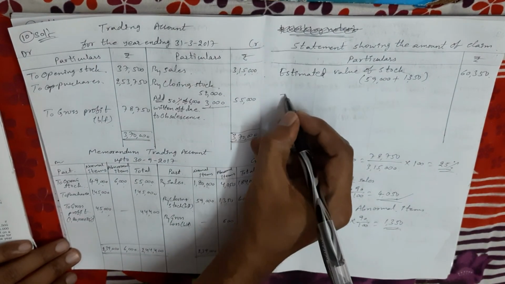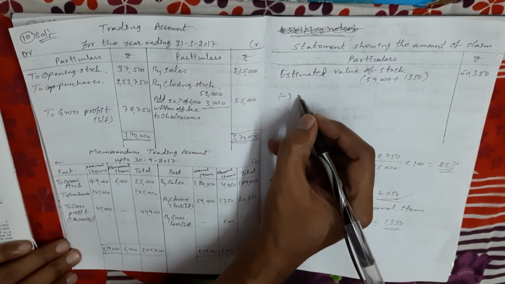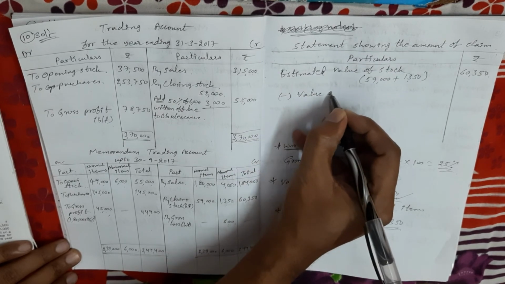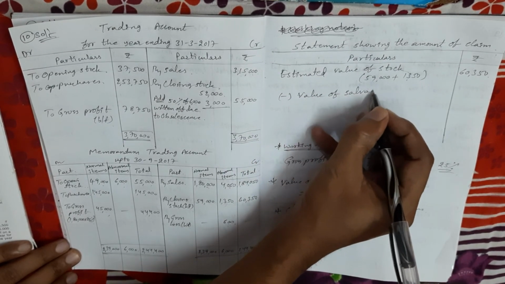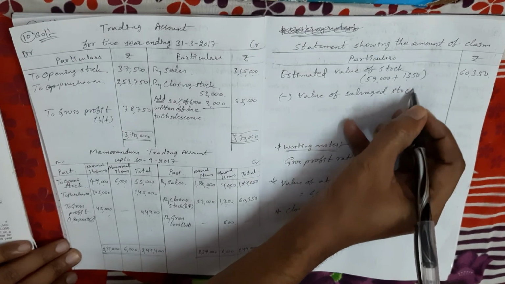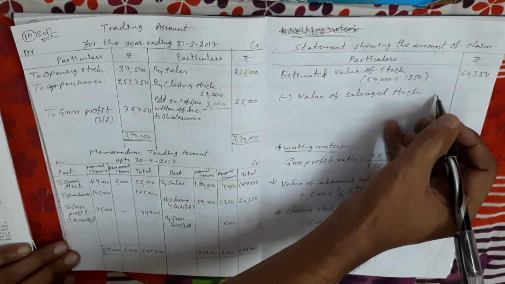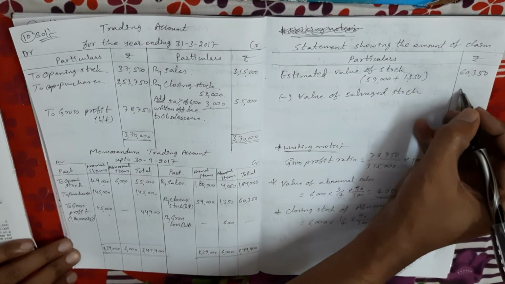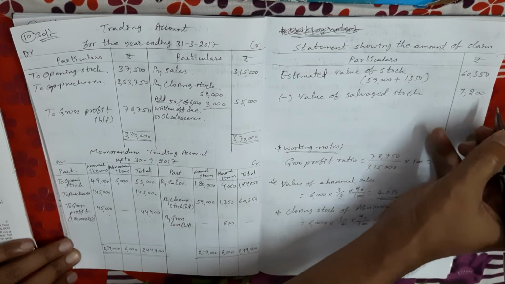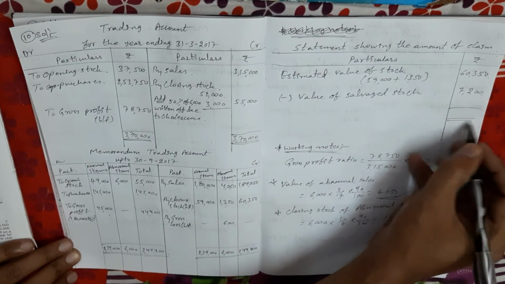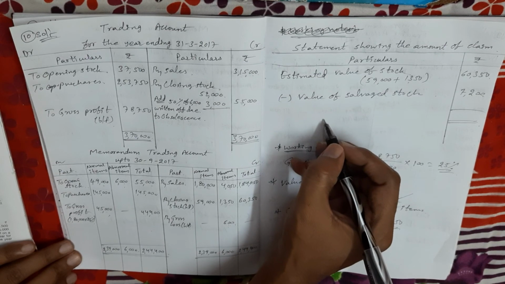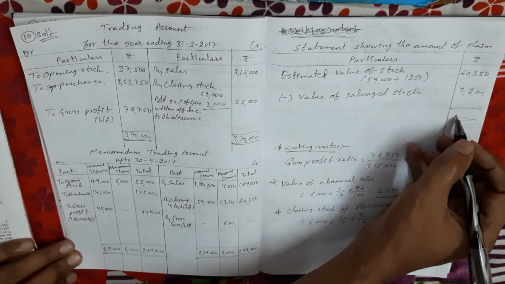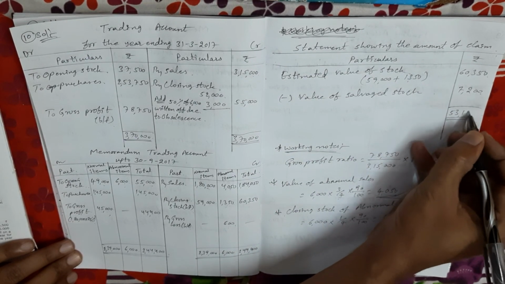In the question, the value of salvaged stock is given. So I am deducting the value of salvaged stock. See how much is given? Yes, 7,200 rupees. So the remaining balance in this problem is the insurance claim. Okay, what is the remaining balance? 53,150.